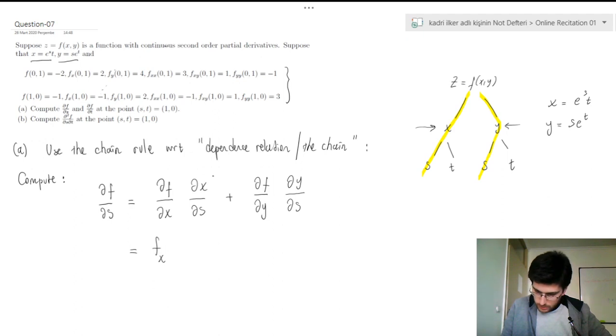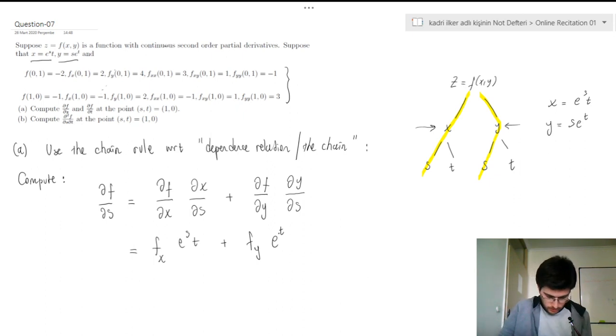Then we can differentiate x with respect to s. We just consider x as a function of s and t. Fine. So we have this, and plus f sub y times e to the t.